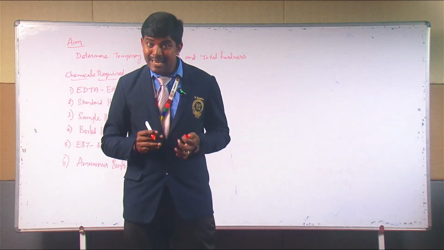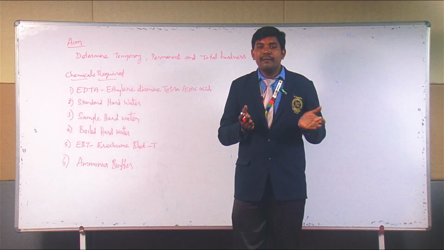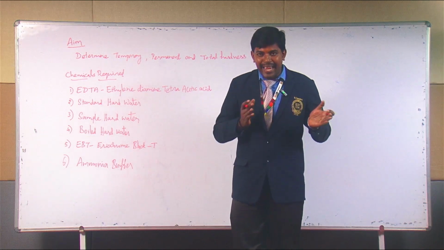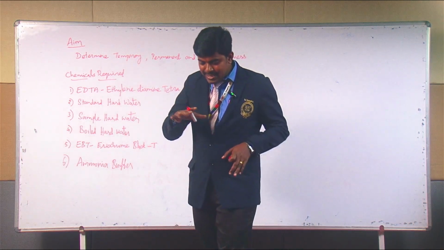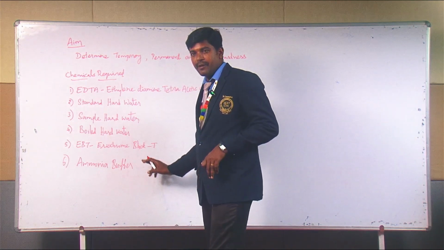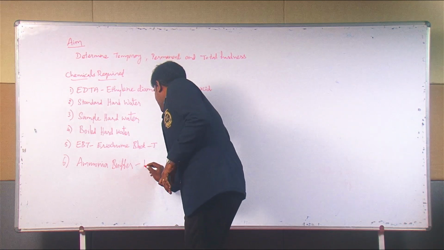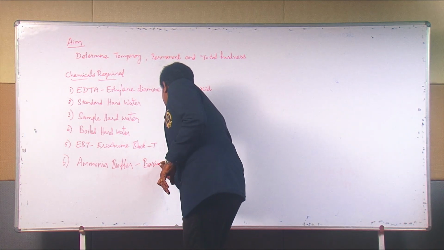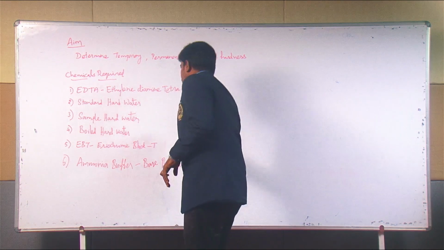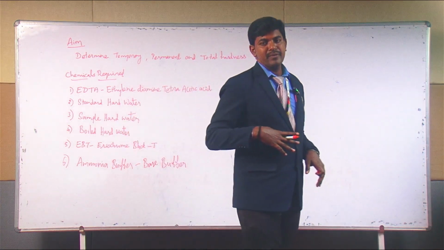While using a base buffer, the reaction condition is maintained in the pH range from 8 to 10, or 8 to 9. So it maintains the pH in the base medium. That is the role of a base buffer. Ammonia buffer is an example of a base buffer. So these are the chemicals required for the titration.